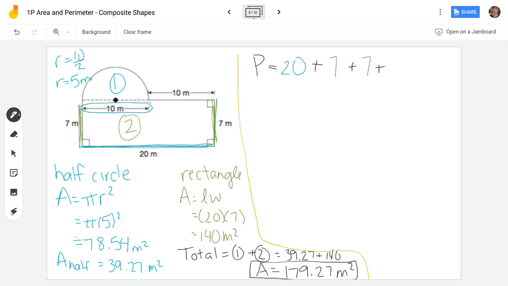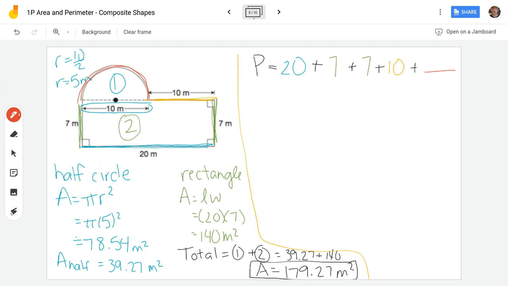We have 10 meters right here. The other 10 meters is inside, so it is not part of the perimeter. And then we have half of a circle out here. So once I join that half circle to the rest, now you can see I've traced all the way around the outside of the whole shape. But we don't know what that red piece is yet. So I'm going to leave space for it here.